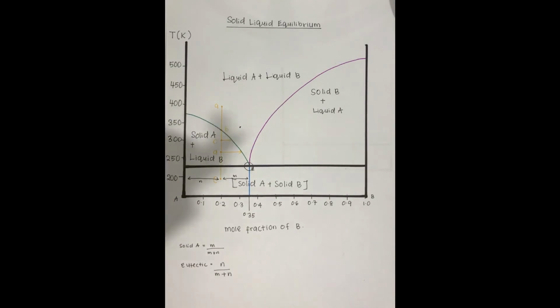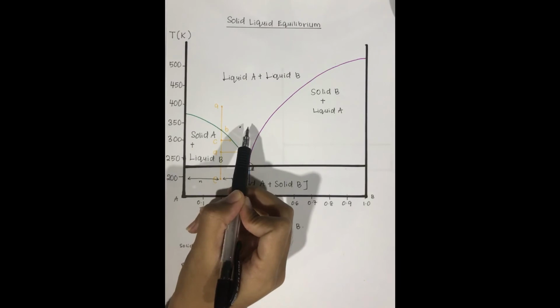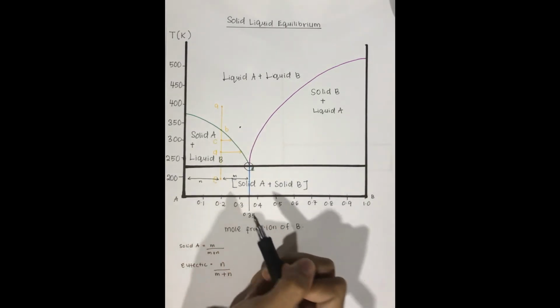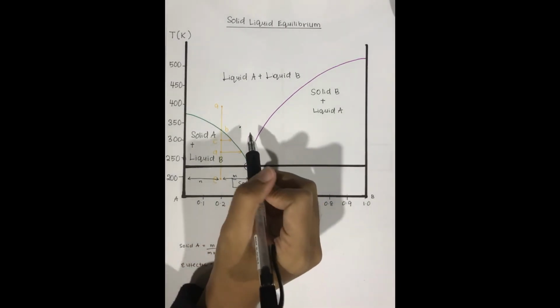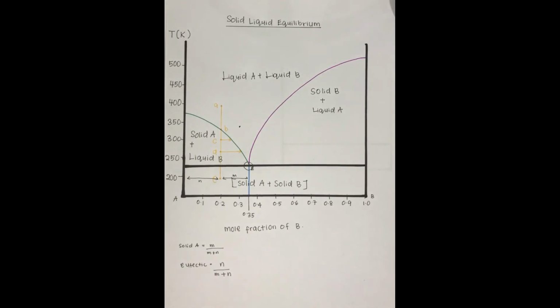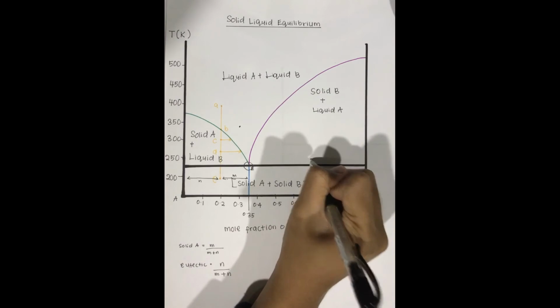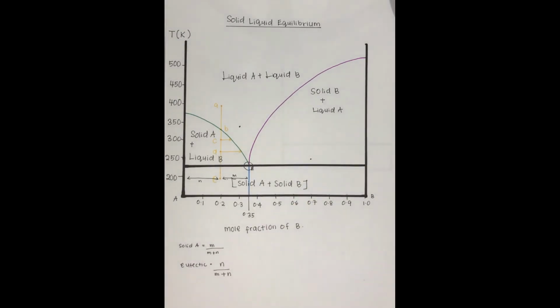So, at temperature 350 Kelvin and 0.3 B, the answer is a mixture of liquid A and liquid B. Okay, next, what is the phase when the temperature is 250 Kelvin and 70% of it is B? So, the answer for this question is a mixture of solid B and liquid A.